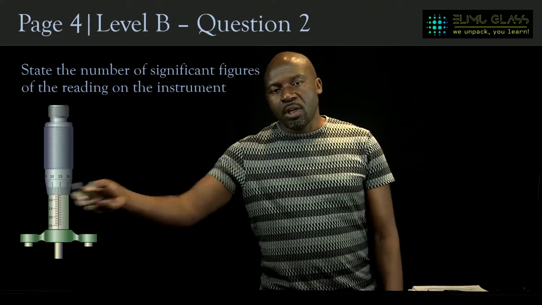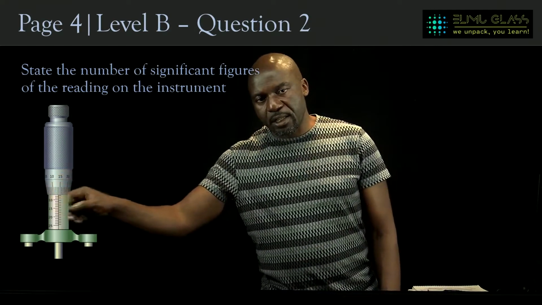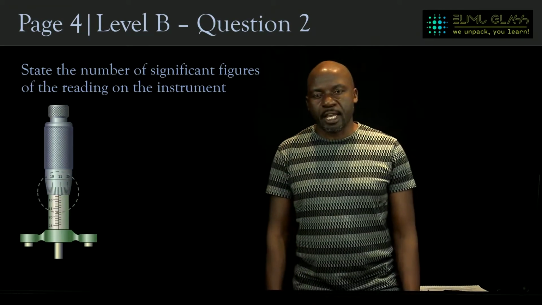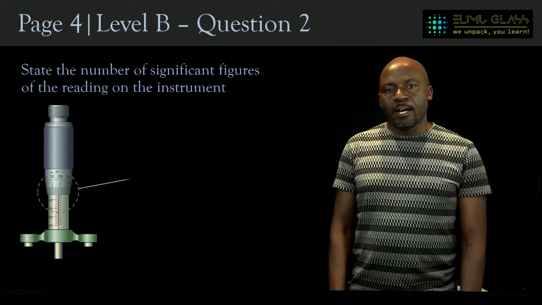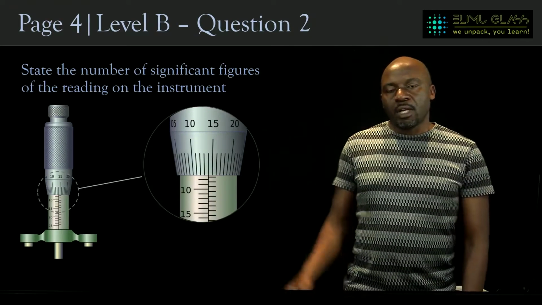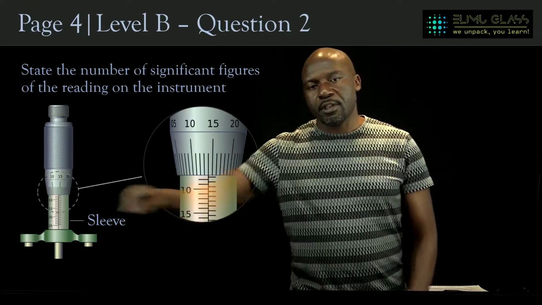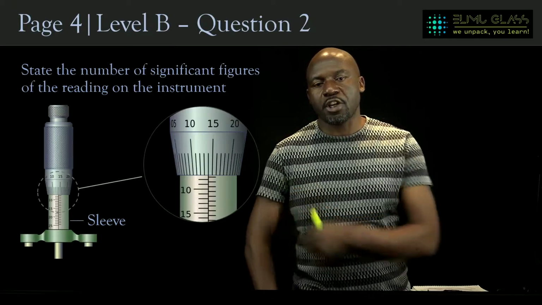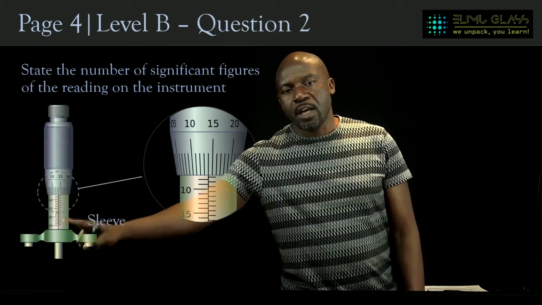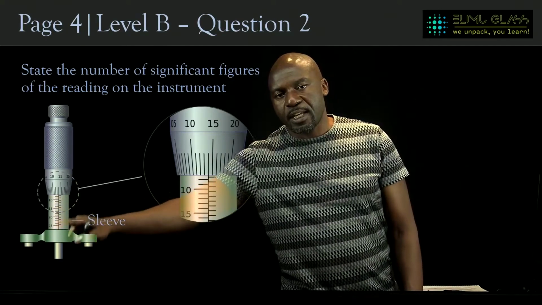I'm going to blow up that area where we have to take the reading. We blow it up so we can see it more clearly. This section here is called the sleeve, just like the sleeve of a shirt. The graduations there are called the sleeve scale.